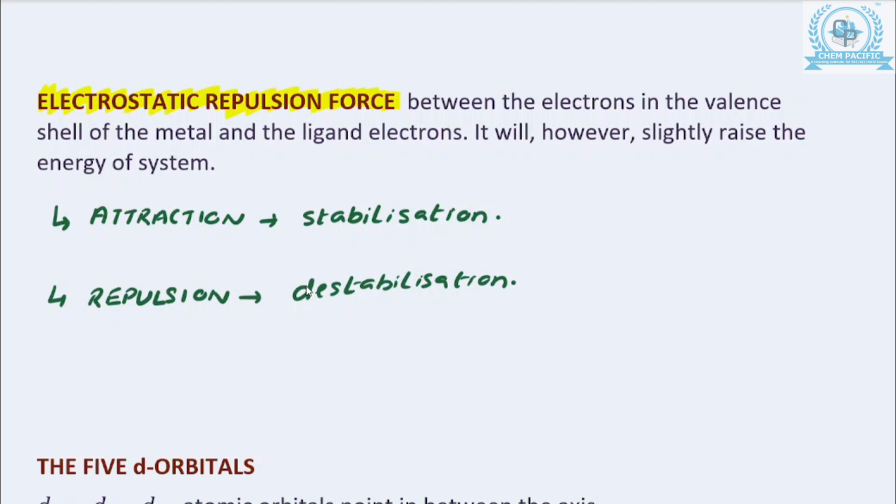Obviously, for a complex formation, the ligands approach the metal and result in the formation of the complex. Now, formation of a complex is a very stabilizing factor. That is why in this case the attraction is very much more as compared to the repulsion, and the formation of the complex takes place. The attraction is definitely very much more than the repulsion between the ligand and the d orbitals of the metal.